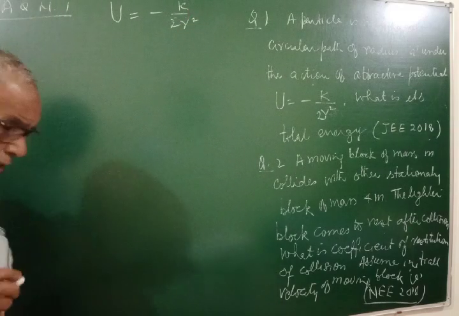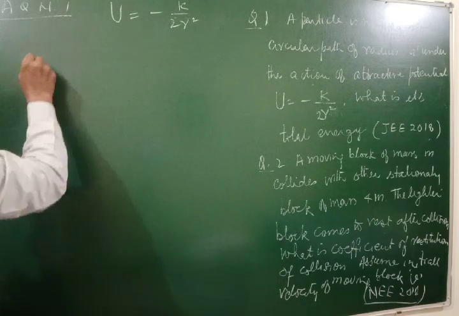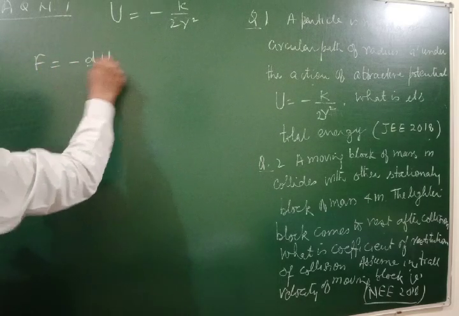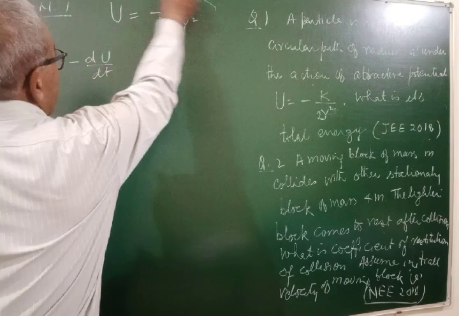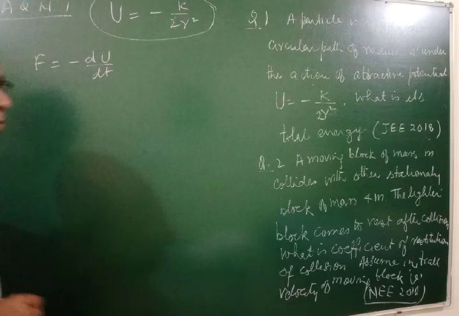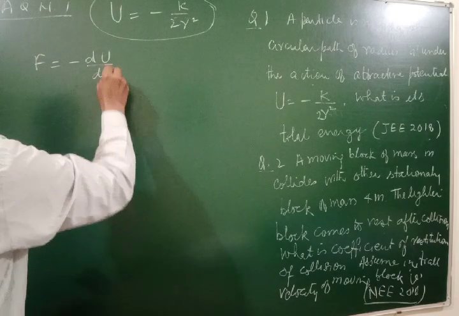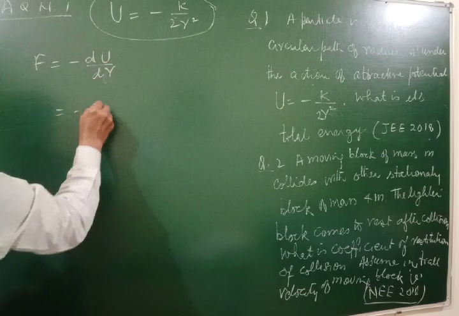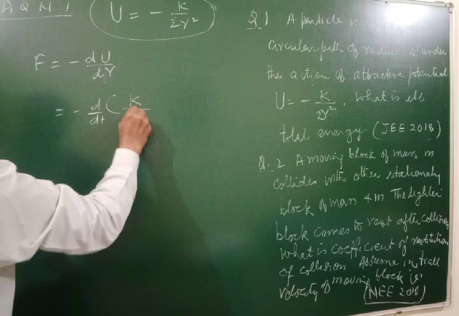I told you while teaching conservative force, we know F equal to minus dU over dr. If there is potential energy, then the force acting is equal to the negative gradient of potential energy: minus d upon dr of K upon 2R square.